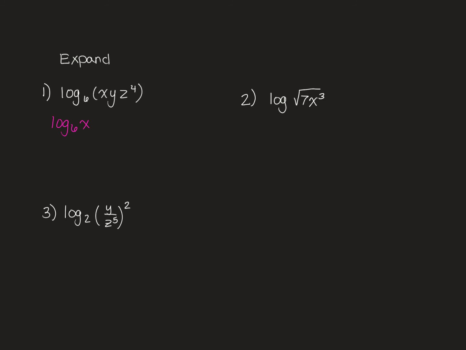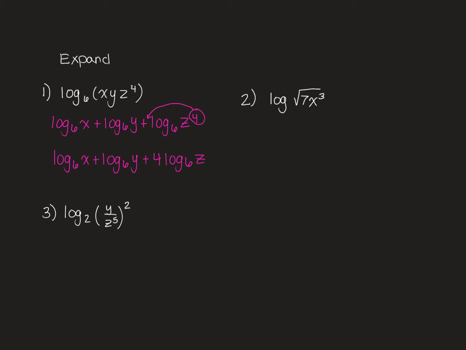So we have log base 6 of x plus log base 6 of y plus log base 6 of z to the 4th. The only other thing we have to worry about is this power right here, so we'll kick that out front there. And so this expands to log base 6 of x plus log base 6 of y plus 4 log base 6 of z.